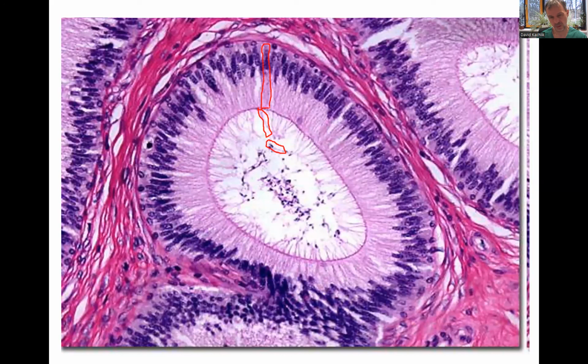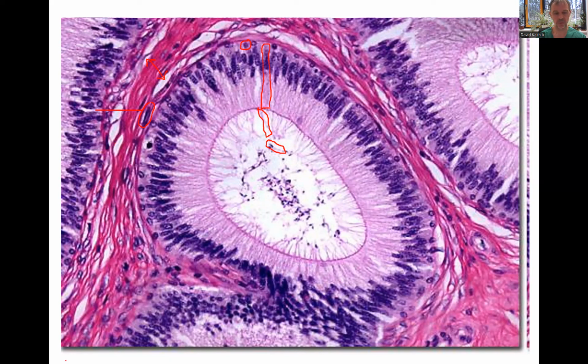So it's a simple layer, but it's pseudostratified, as you can find here, the basal cells. So these are the basal cells. And below the basal cells, you can find the myofibroblasts and the collagen fibers of the tunica adventitia.